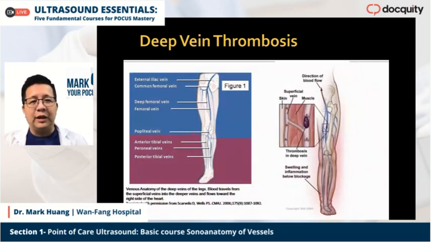So let's talk about the DVT mechanism. A big thrombus will impact some part of the great vein system.